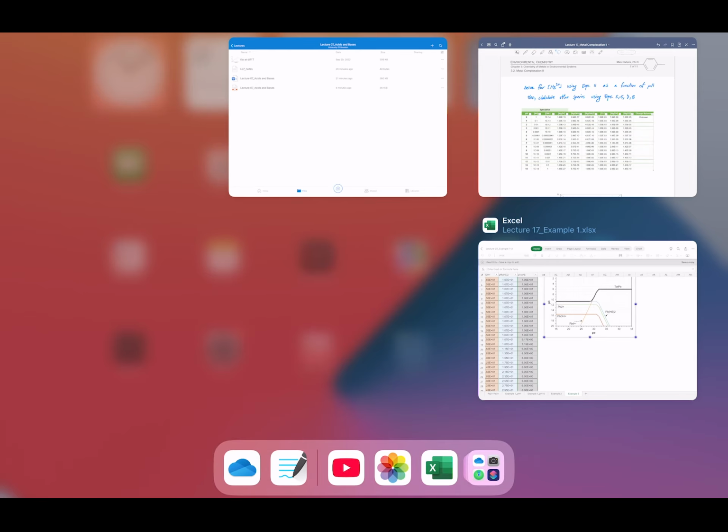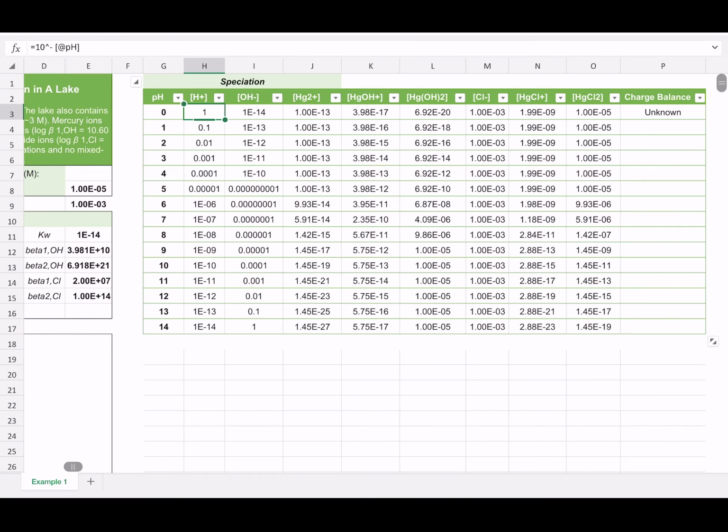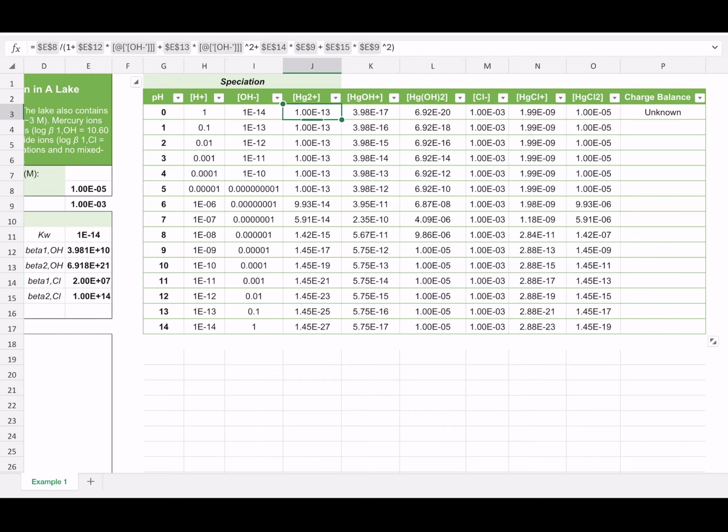So if we go to that Excel file, you see that it's very similar to the previous case, but now we have 2 or 3 more columns related to the presence of Cl. For Hg2 plus, as you see in the formula, it's basically a function of a pH dependent factor and also a constant.